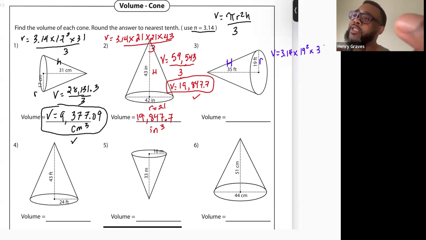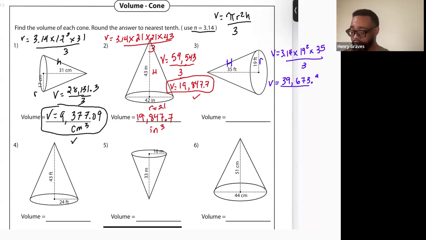I'm going to do the top part first. 3.14 times 19 squared times 35 gives me 39,673.9. When I divide that by 3, I get 13,224.6.